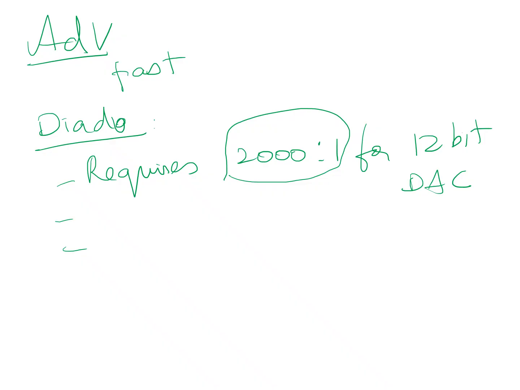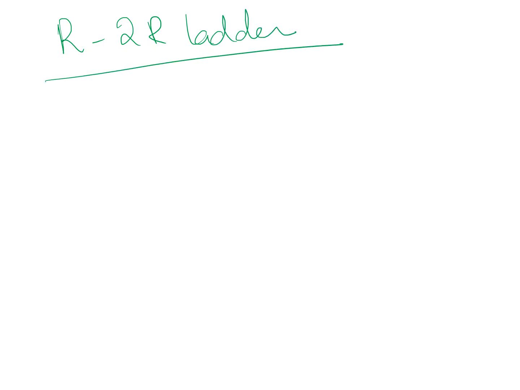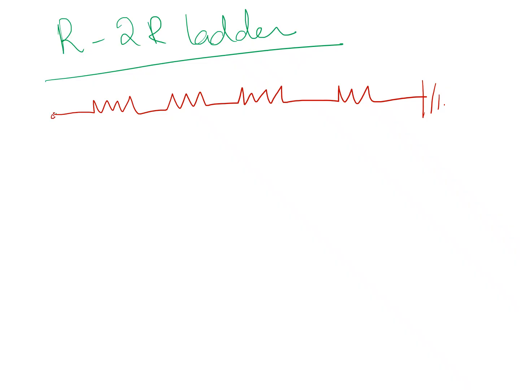So to avoid this, the other resistor network, modified from binary weighted resistor, is the R to 2R ladder resistor. In this, equal values of resistors were framed and equal values of currents were fed in.